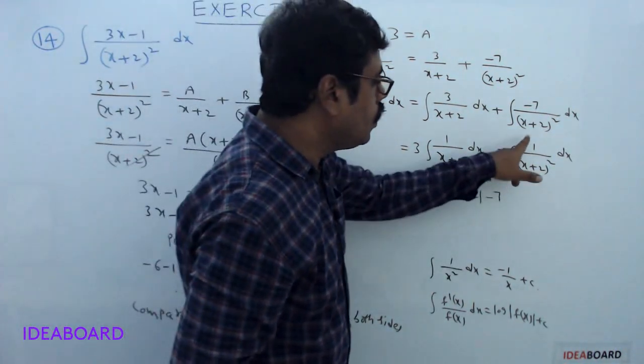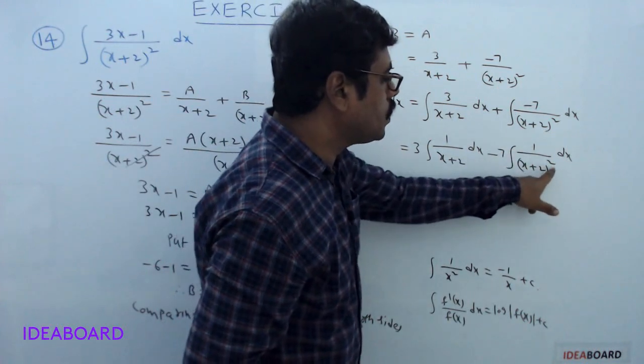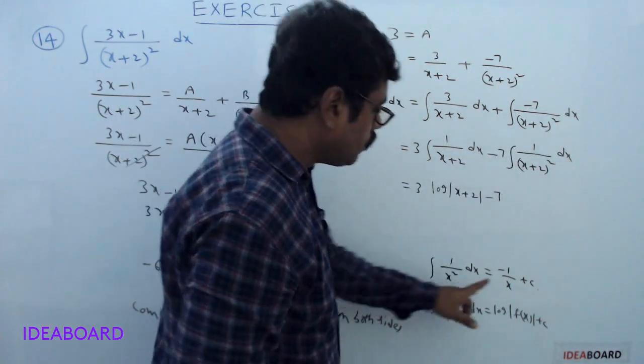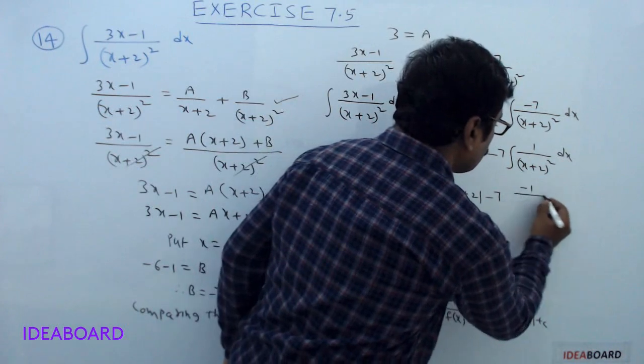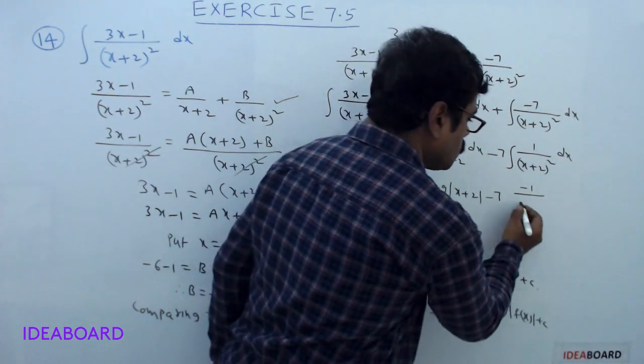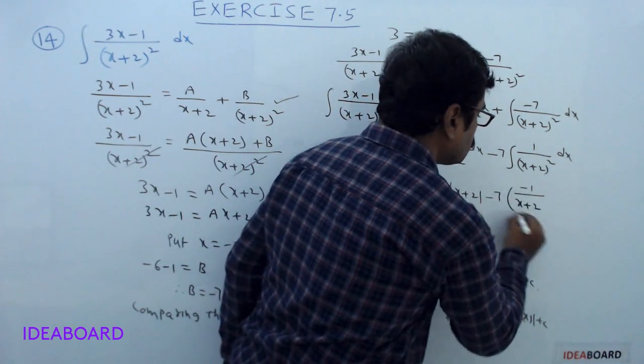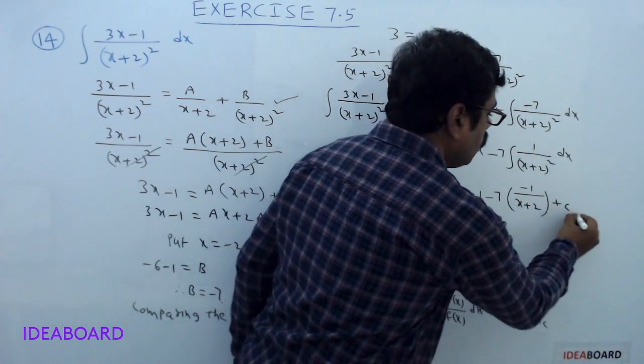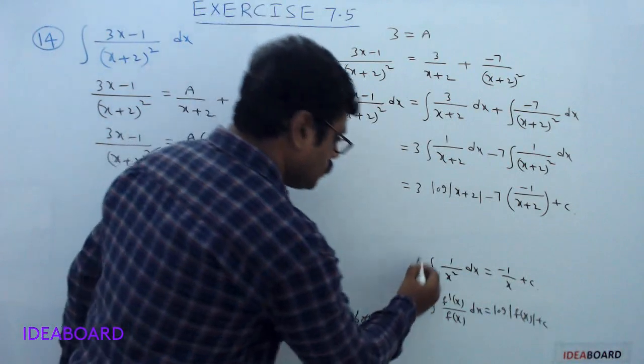Here in place of x, x plus 2 will be there. So integral 1 divided by x plus 2 whole square dx can be taken as minus 1 divided by x, where x is nothing but x plus 2. So minus 1 divided by x plus 2 plus a constant c.